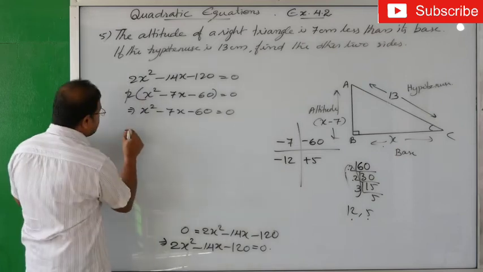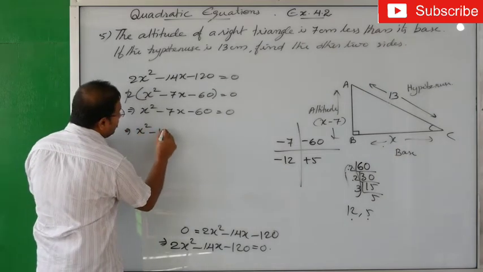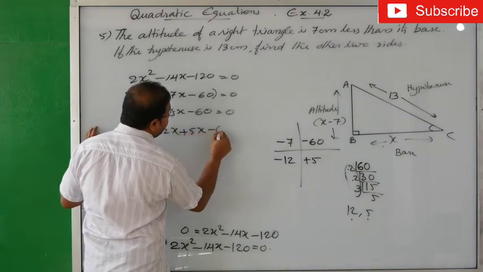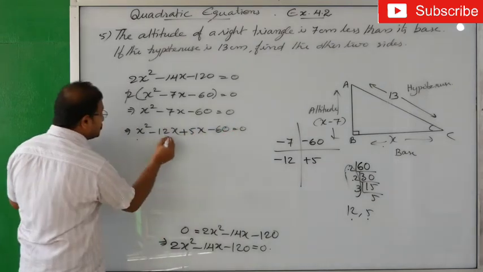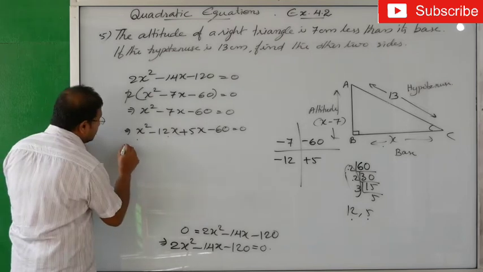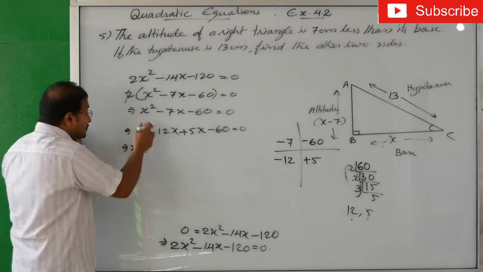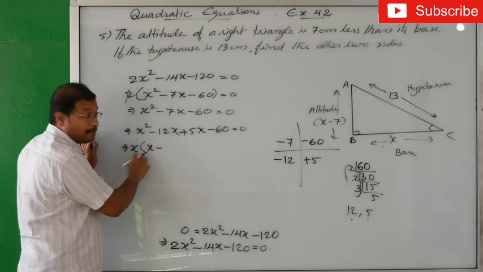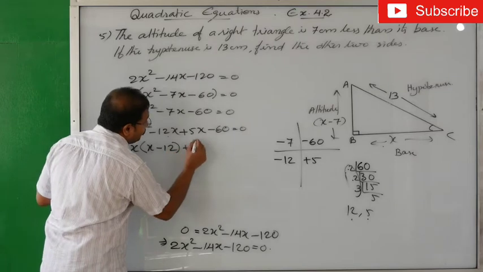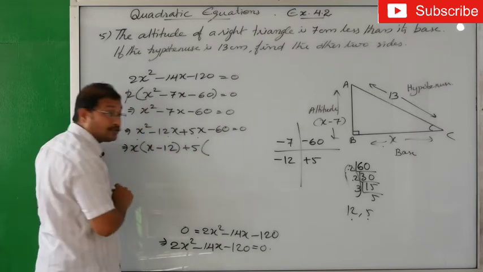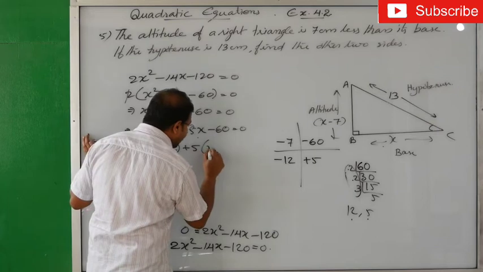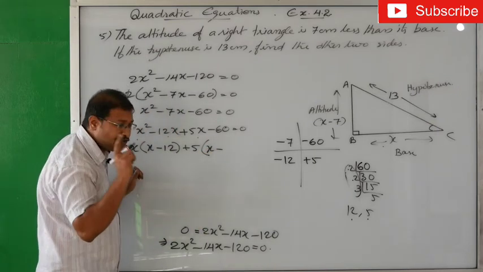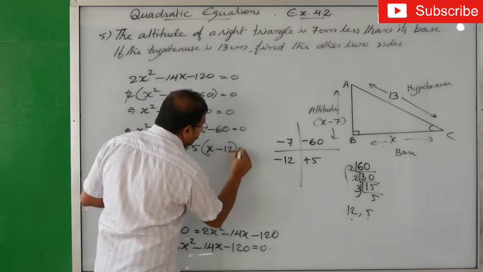So this implies x square minus 12x plus 5x minus 60 equal to 0. From the first two, what will you take common? x. This implies x bracket, x minus 12, and from the other two we take 5 outside, then the balance is x minus 12, since 5 twelves are 60, equals 0.